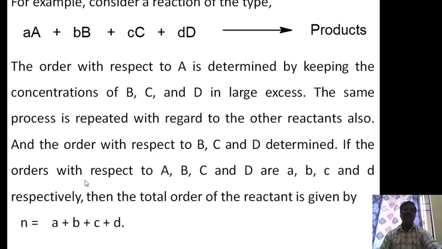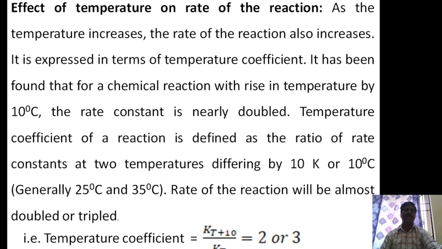If the orders with respect to A, B, C and D are a, b, c and d respectively, then the total order of the whole reaction is n equals the sum of the orders from each experiment, that is a plus b plus c plus d. This method is called the isolation method for determination of the order of the reaction.